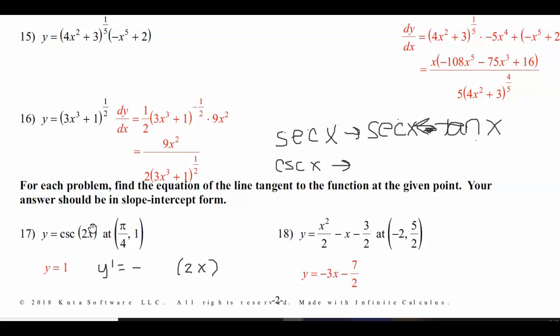The cosecant would become cosecant cotan, and the derivative of cotan is cosecant squared. So in this case, it was negative cosecant 2x times cotan 2x, and it's negative because the derivative of any function that starts with c has a negative. But we're not done. You actually need to take the derivative of that angle. So this is multiplied by 2.